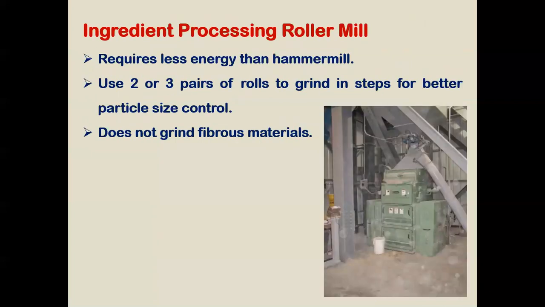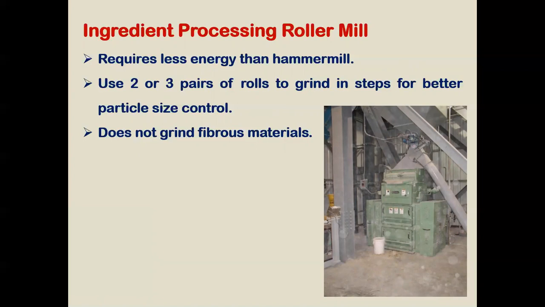Ingredient processing with roller mill. Roller mill is also available for grinding of the material, which requires less energy than the hammer mill, less electricity consumption than the hammer mill, and uses 3 pairs of rolls to grind in steps for better particle size.